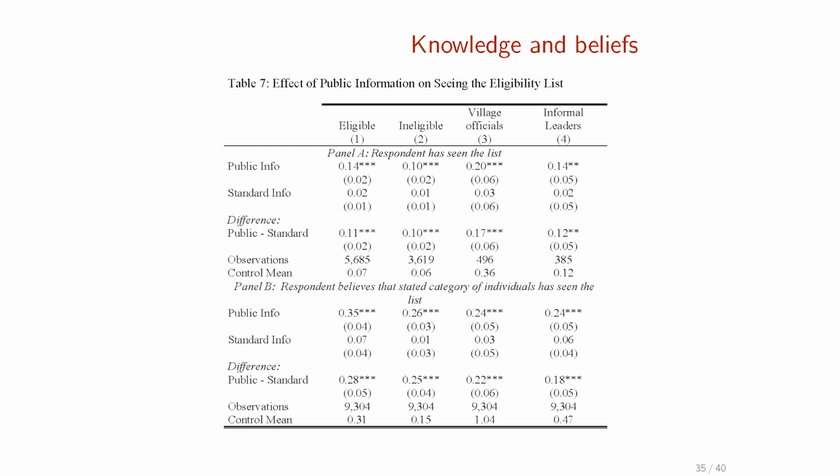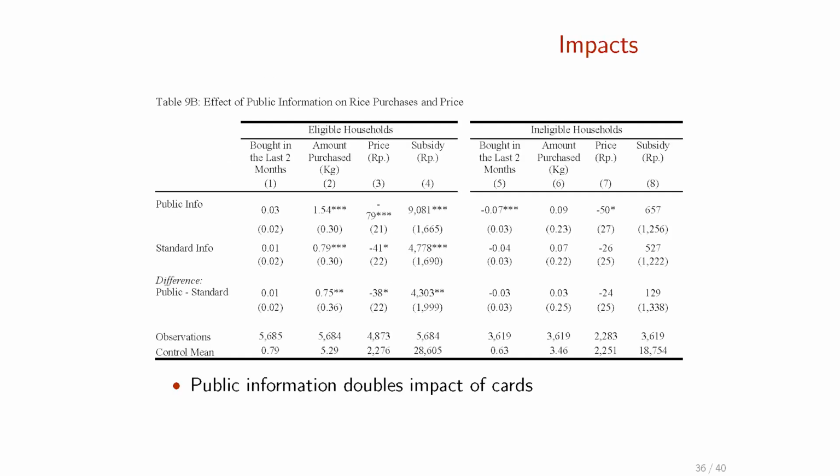They were 14% more likely to have seen the list in public info, and only 2% more likely in standard info. They also believe that other people have seen the list, because of course they've seen the list everywhere. So there is an effect on your perception of other people knowing what's going on.